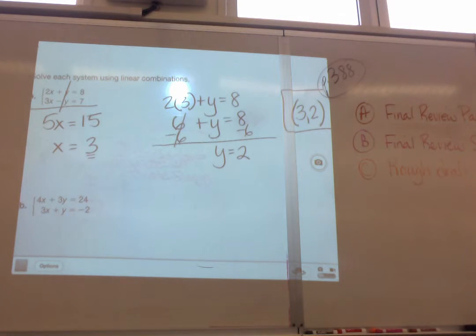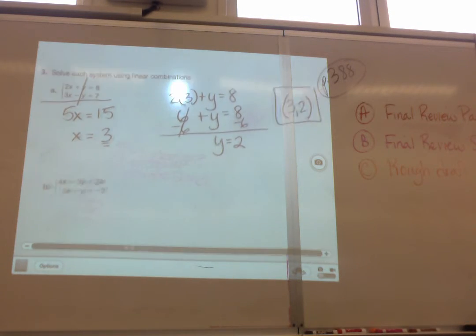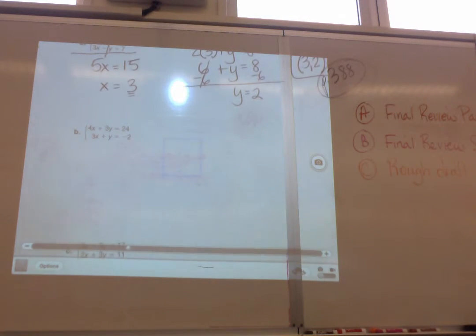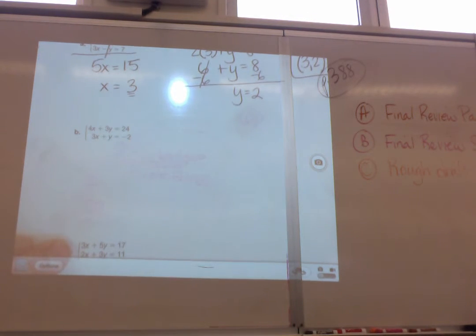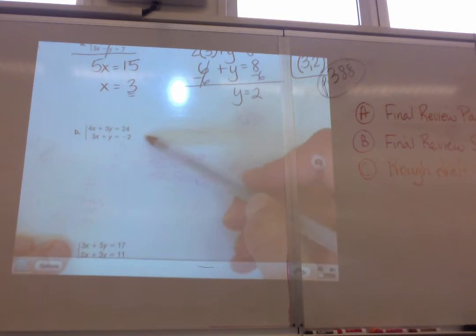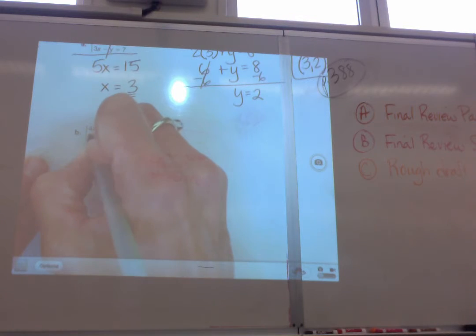All right. Now, B is one of our new ones. One of these we need to multiply. Which one should we multiply? Bottom one, I hear. What are we going to need to multiply the bottom one by? Do I hear -3 out there? Yep.